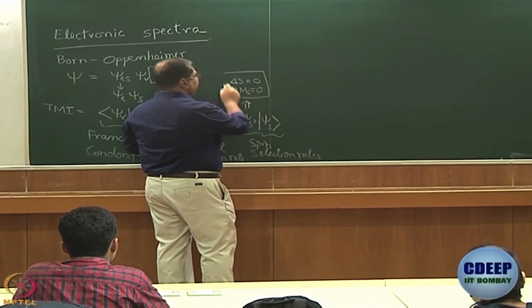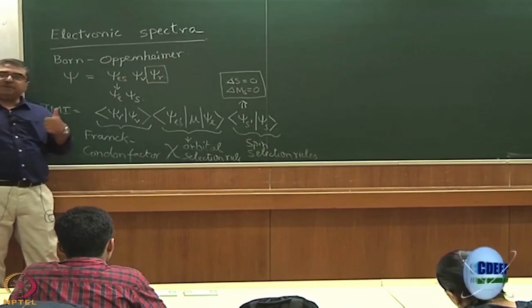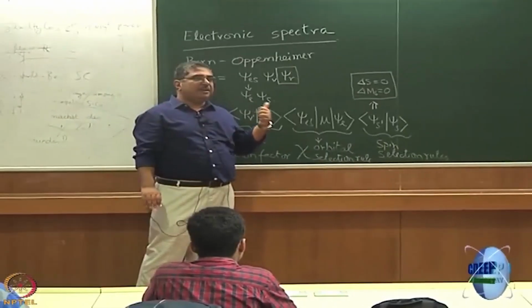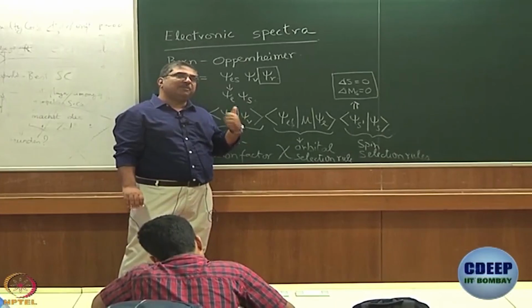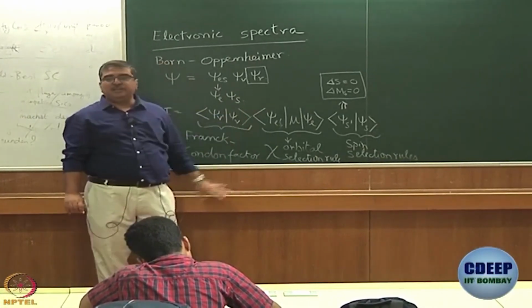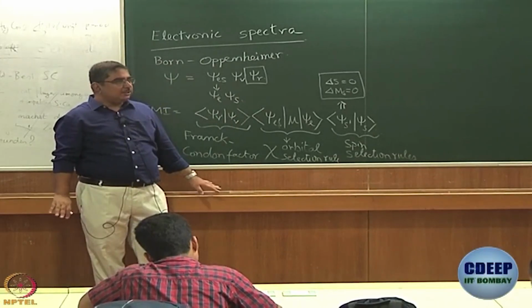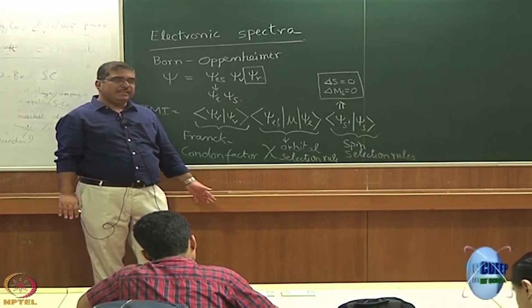This is a condition: total spin angular momentum does not change. What does ms stand for? It stands for the Z component of total spin angular momentum, so the Z component also does not change. This is the spin selection rule, and it is the most stringent of all. So, spin forbidden transitions are really weak if they are at all seen.